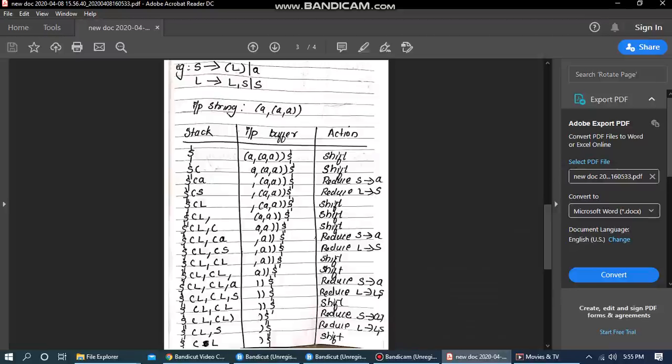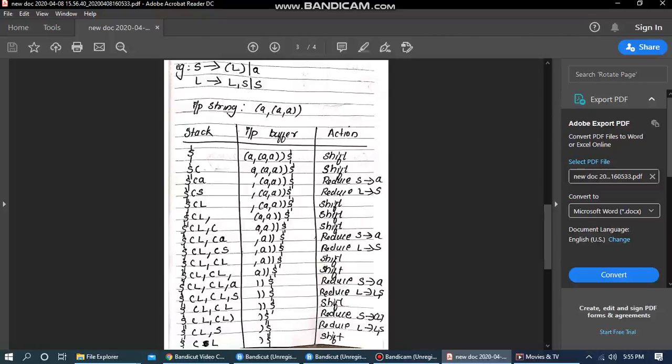Okay, just one step prior, in this stack there is dollar open bracket L comma open bracket L comma L close bracket. Compare the elements in the stack with the grammar. If you find any similarities, replace that element with the symbols of the production.